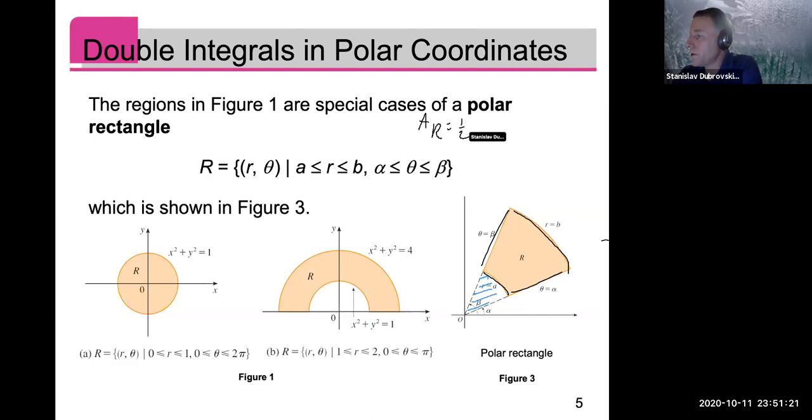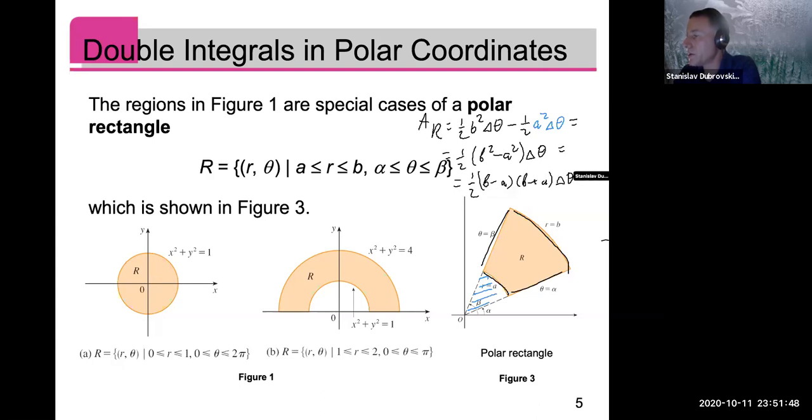It's 1/2 r squared, in this case b squared, del theta, minus 1/2 times the inside sector, the blue one, a squared del theta. But del theta and 1/2 are the same, so why don't we take them out? We'll have 1/2 (b squared minus a squared) del theta. So then we can write it as 1/2 (b minus a)(b plus a) del theta.